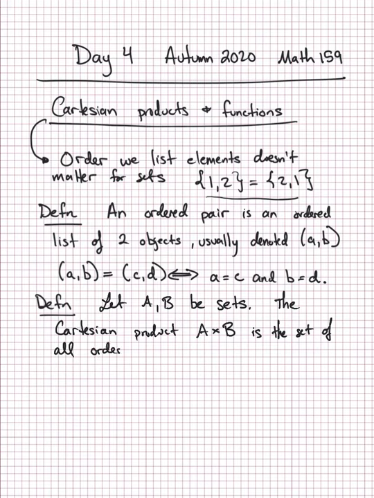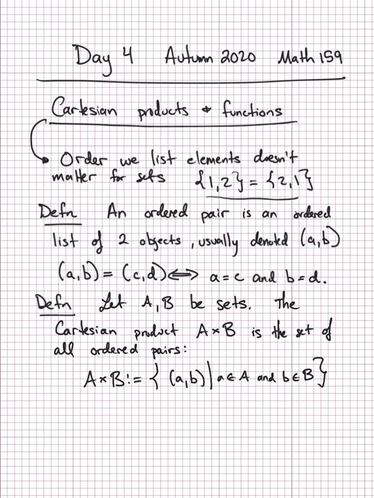I'll write it this way: A cross B is defined to be all ordered pairs (a, b) where a is in A and b is in B.